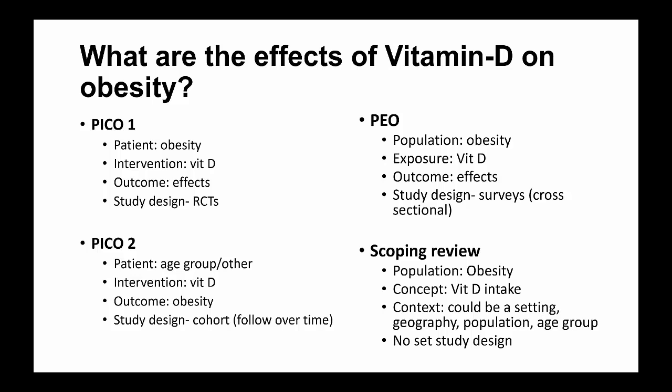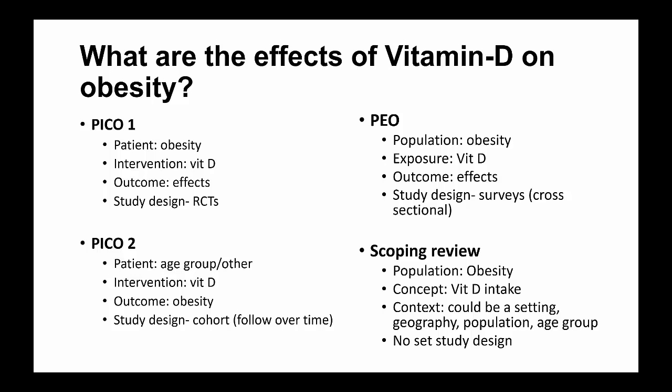And then in the next column, the PEO way of looking at this, this is where you're trying to do a snapshot, and you might be looking at a broader population than just the population with obesity.